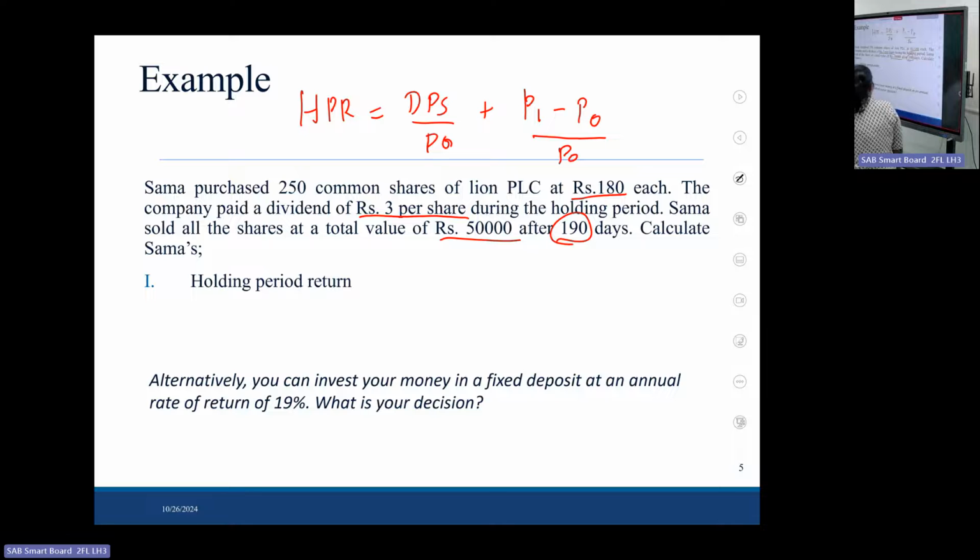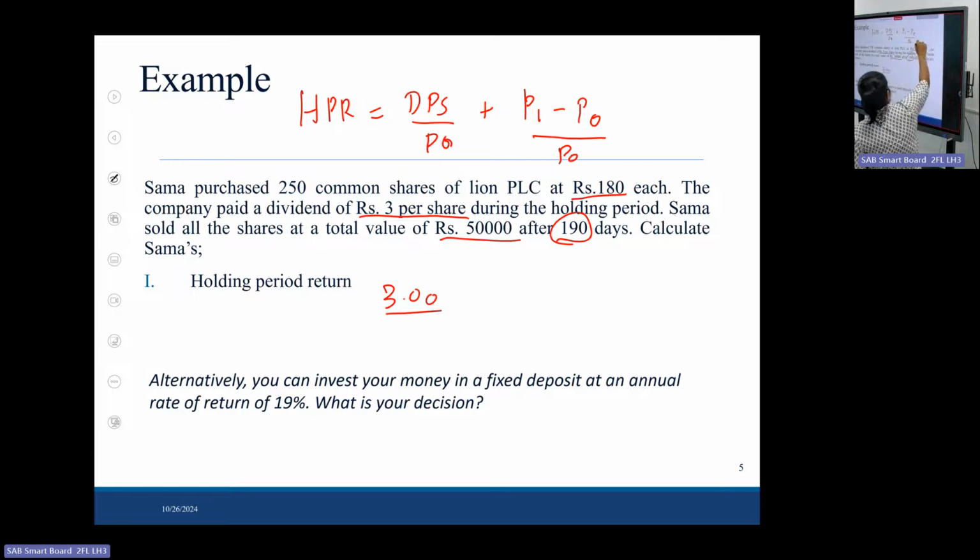Here, during the holding period of 190 days, someone has received 3 rupees as the dividend, so 3 rupees per share. Sama purchased 250 common shares at 180 each.